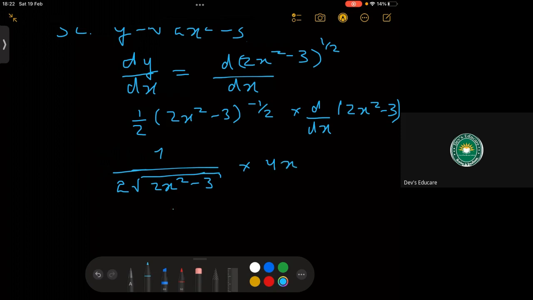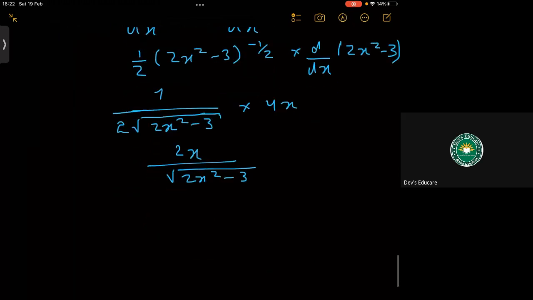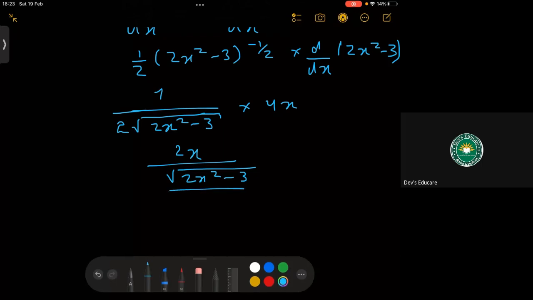Can cancel out 4 by 2 and then answer will be 2x over root of 2x square minus 3. Now you can check your answer. The answer is correct. Yeah, that will be correct.